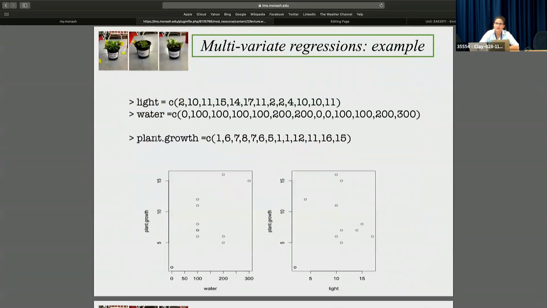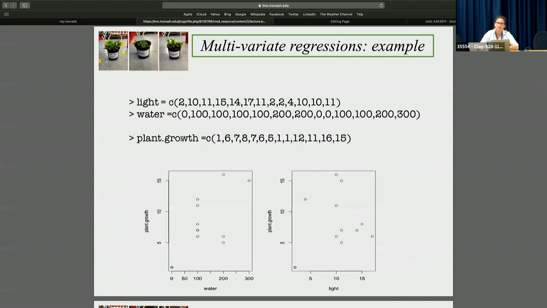So if I gave you an example, okay, here are the different vectors. Light, remember we can use equals or just that arrow sign, is a concatenated, okay, c, open brackets, all these different levels of light. Water, all these different levels of watering. These are probably ml.